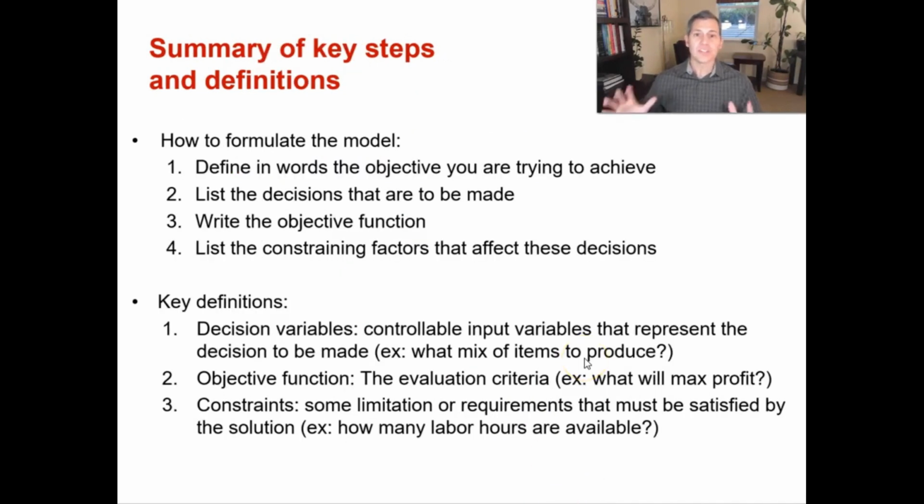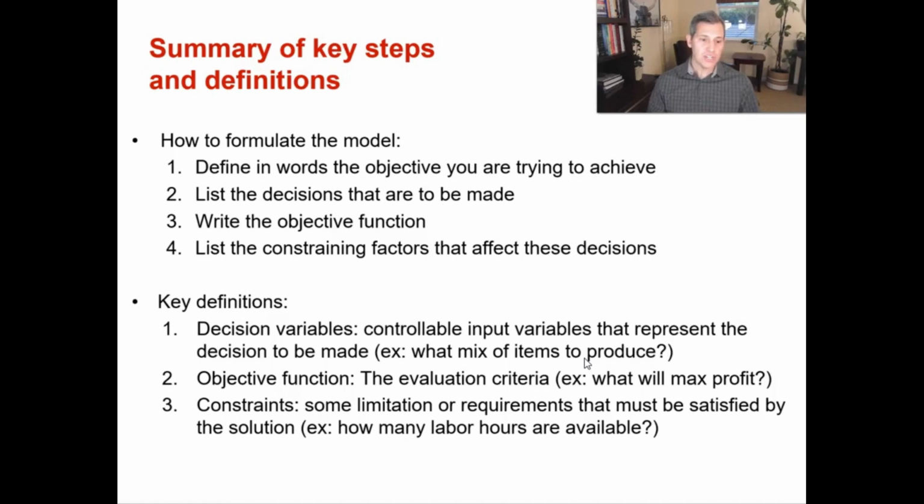All right, and then just a summary of everything that we've gone over on these first 15 slides is how we formulate our model. We define in words the objectives that we're trying to achieve. We list out the decisions that are going to be made. We write out our objective function. We list the constraining factors that affect these decisions. Some key definitions that you'll need to understand: your decision variables are controllable input variables that represent the decision to be made.